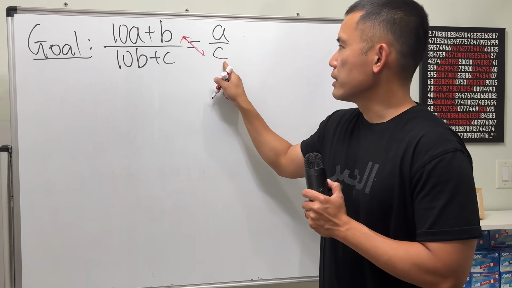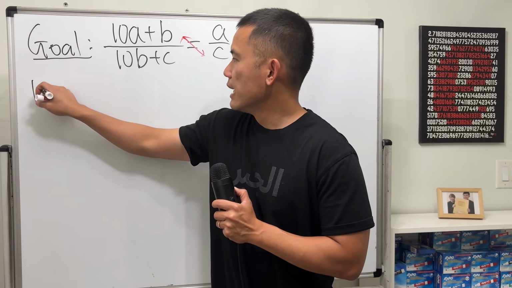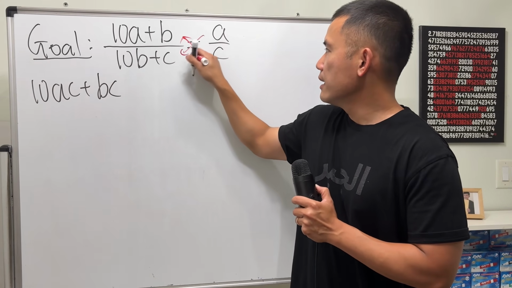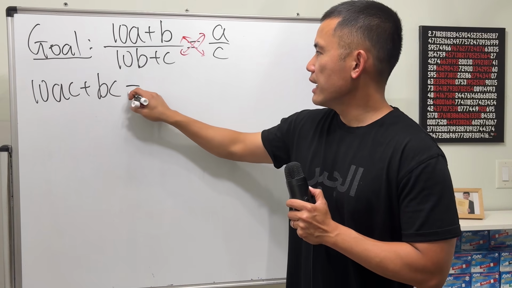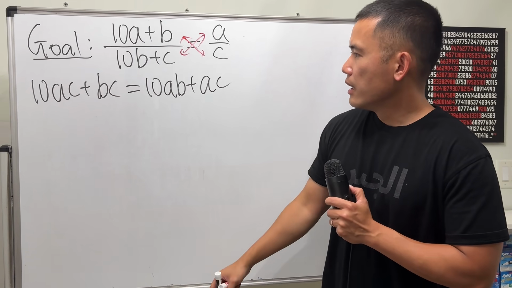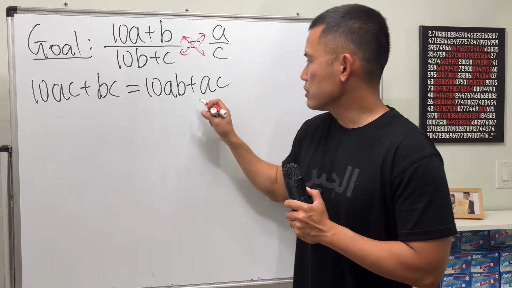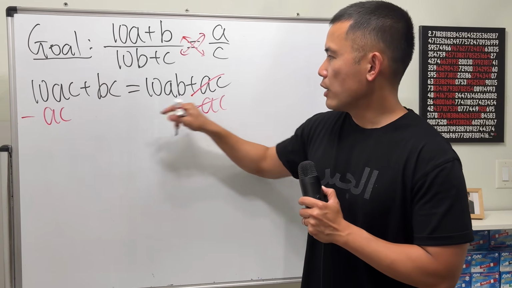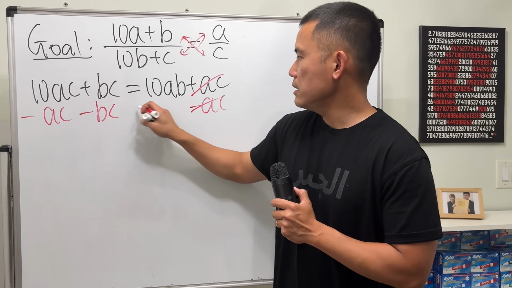Cross multiply. So I'll take C, multiply with that. We get 10AC plus BC. And then take A times this. So we get 10AB plus AC. Notice we have AC here, so perhaps let's subtract AC from both sides. And I will bring this to the other, so minus BC.